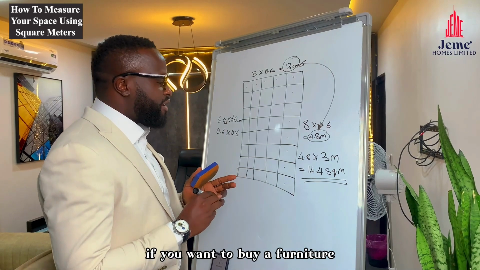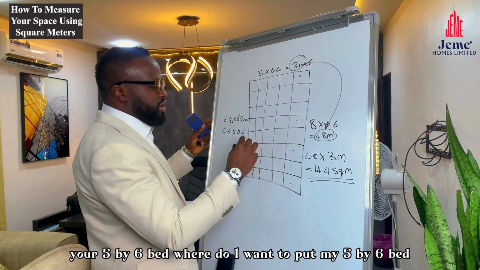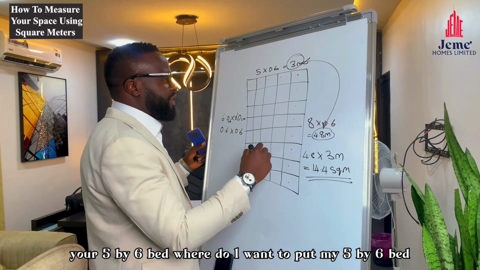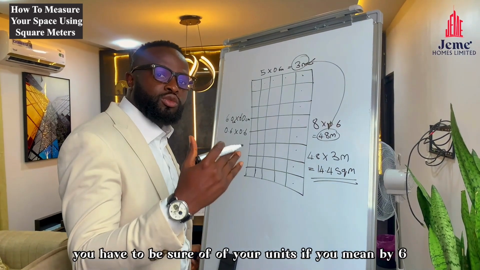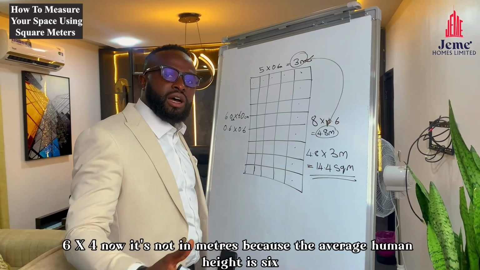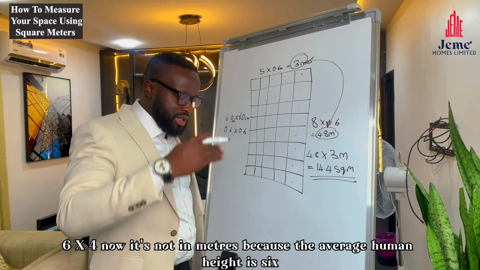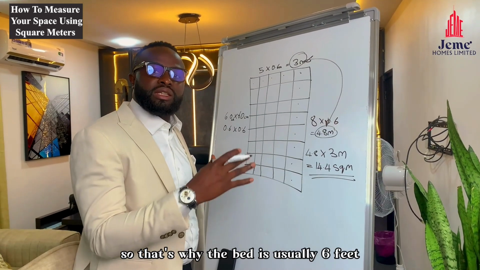So if you want to buy furniture, for example, if this is supposed to be your room, you should know, okay, my 5 by 6 bed, where do I want to put it? But don't forget, you have to be sure of your units. If you mean 6 by 4, it's not in meters, because the average human height is 6 feet. That's why the bed is usually 6 feet.